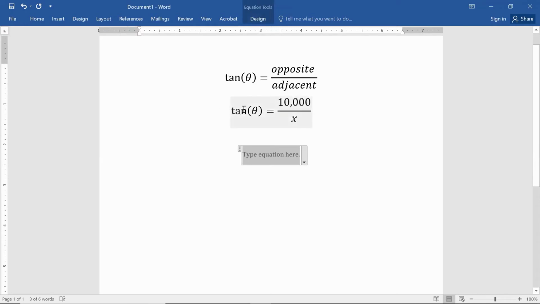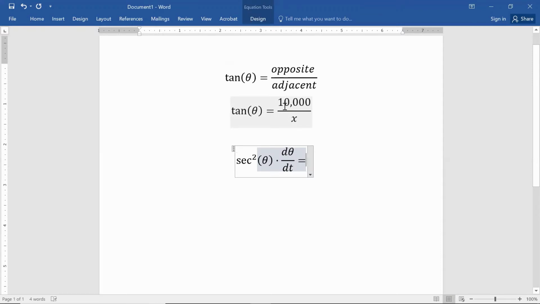Now we can take a derivative. Derivative of tangent is secant squared. So we take secant squared theta, but then we have to multiply times the derivative of the inside function. And then we take a derivative of the right-hand side, derivative of 10,000 over x.